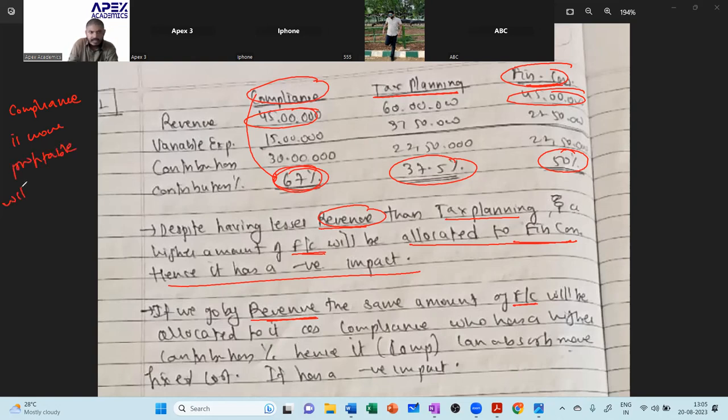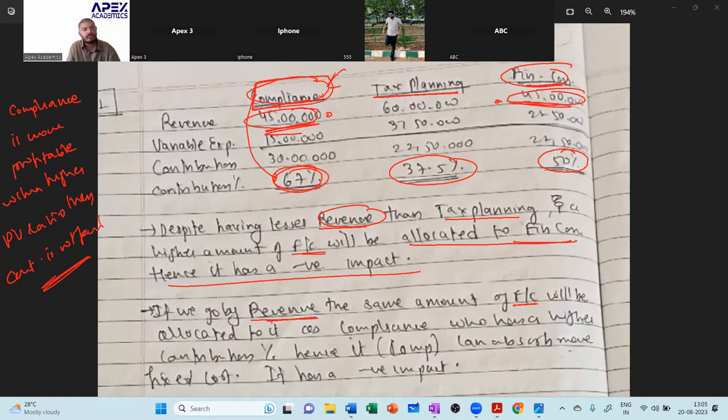With a higher PV ratio, going by revenue is not fair. Why? You are giving equal allocation despite this person having the ability to absorb more cost. So ideally, based on this, you should give more to compliance, but you are saying revenue.